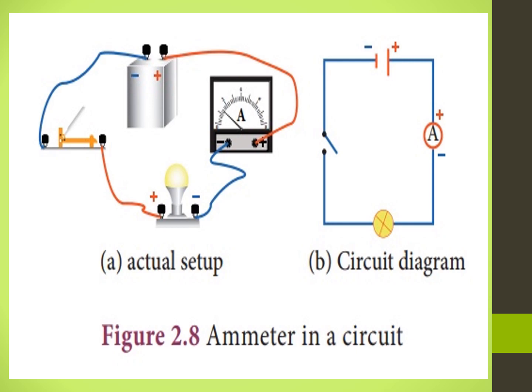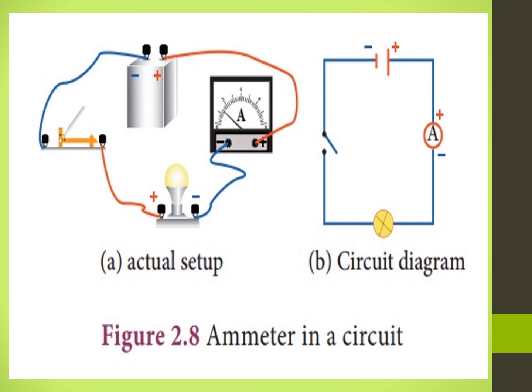That means we can say 1 C per second, that is coulomb second to the power minus 1, because it is a per. 1 ampere is equal to 1 C by 1 S. Okay, children, everybody understand?